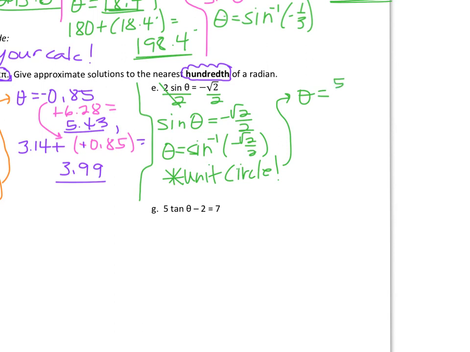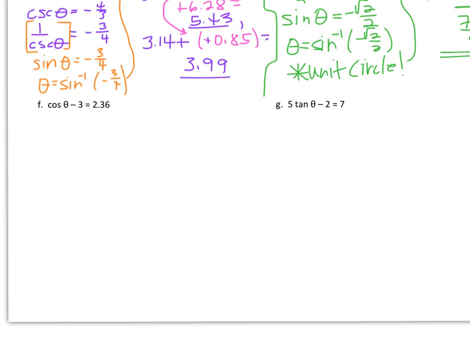You should get 5 pi over 4 and 7 pi over 4. So you don't have to worry about using the sine rule to get that second answer because we automatically know both of those values. All right, so anytime we're working with solving, we could get one of those 16 possible solutions.